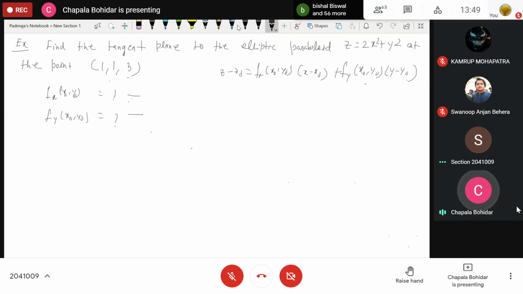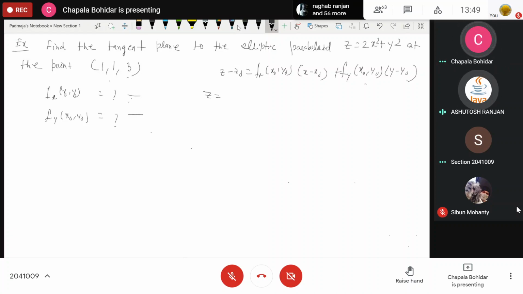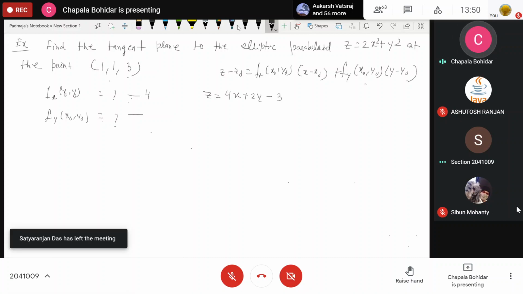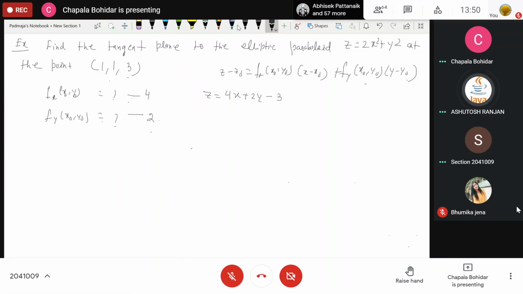You are doing or not? Yes, ma'am. 4x plus 2y. Z is equal to 4x plus 2y minus 2. Very good. This value, what you get here? You get it is 4. And this value we get it is 2. Ma'am, minus 2. You have written minus 2.